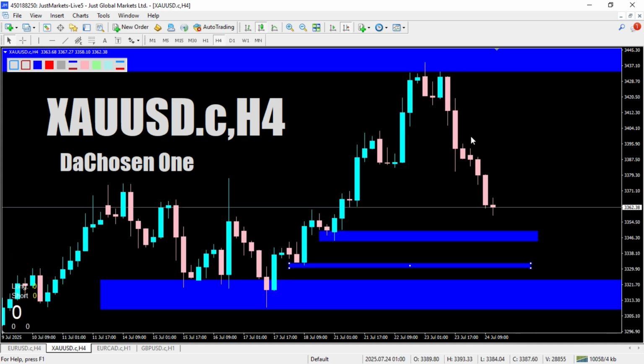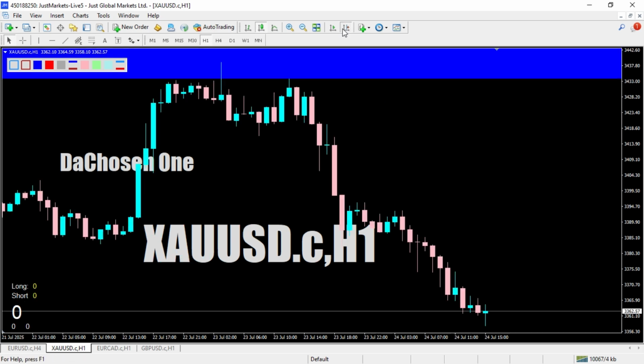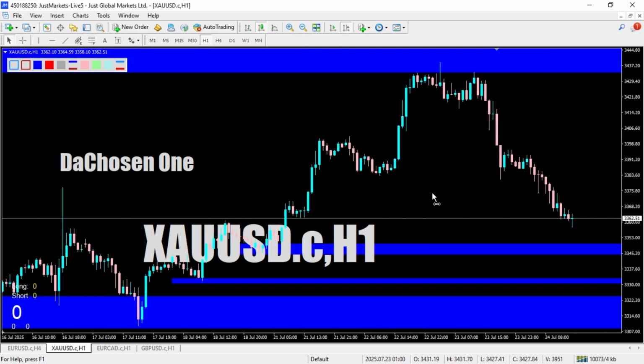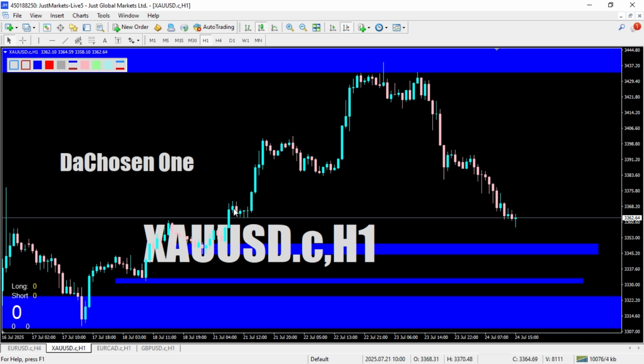As you can see, guys, price is in a bearish momentum. It is very bearish, creating lower lows. In the H1 time frame, price is still bearish, and as you can see, it is losing momentum over here.